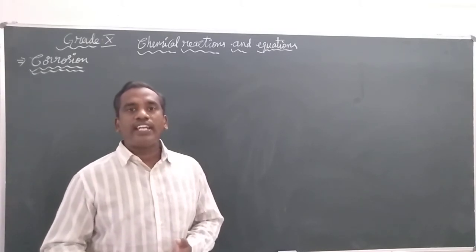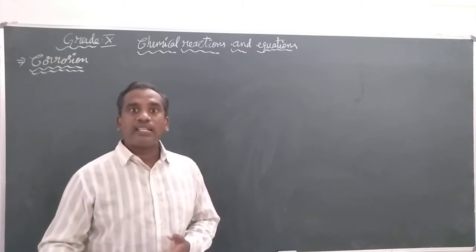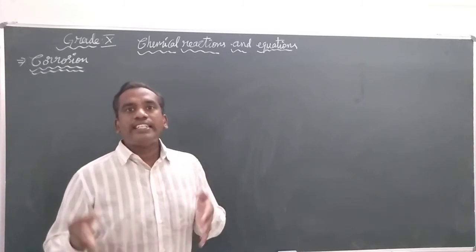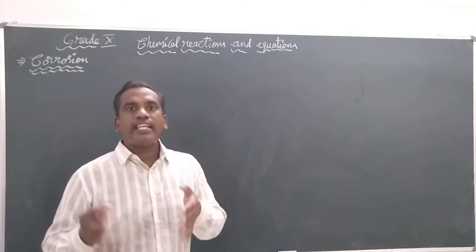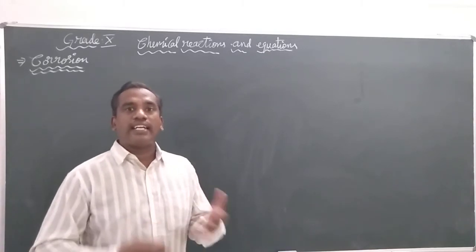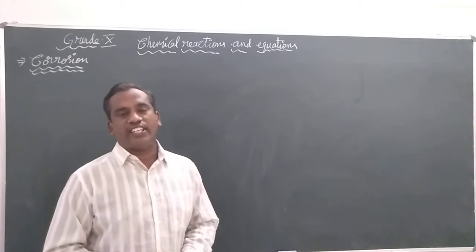In the case of iron, it reacts with atmospheric moisture, and some metals may react with acids also, and they lose their characteristic shiny nature, and in the case of iron, develop a reddish brown color over the surface.